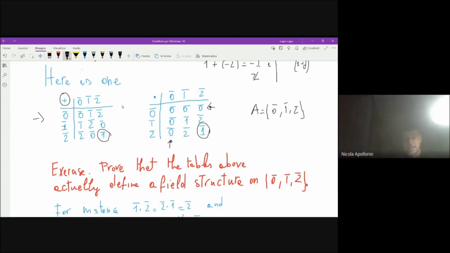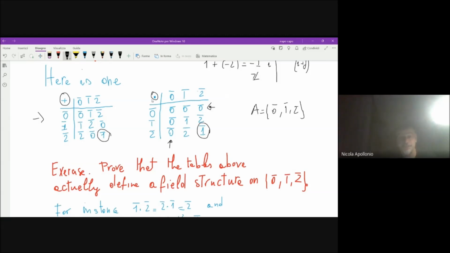This plus and this dot stand for addition and multiplication. Call it whatever you like, of course. So if you apply these two operations to pairs of elements, you get an element of the set.